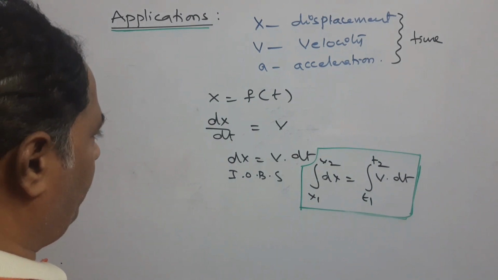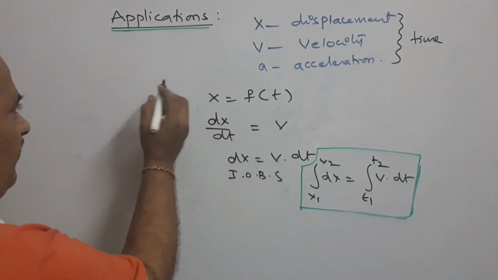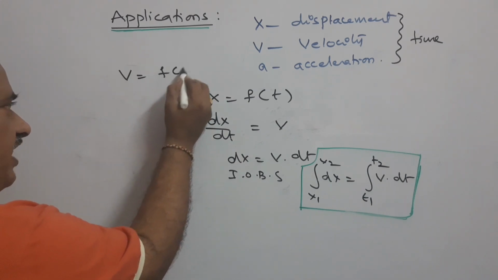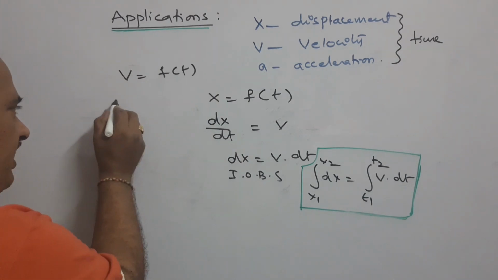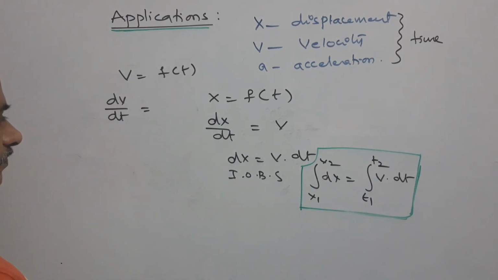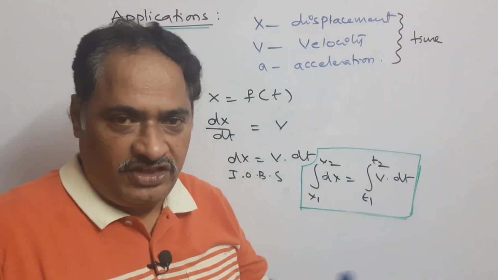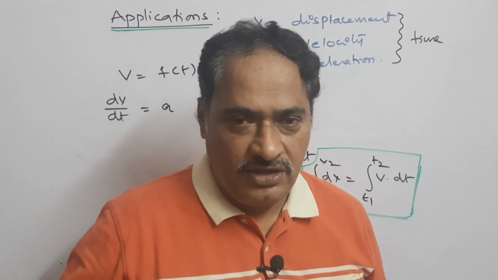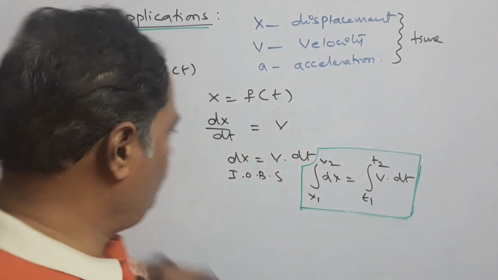Similarly, if I want to take velocity v, that is a function of time, if you are differentiating with respect to time, dv by dt, then you will get acceleration. Even in the case of the differentiation we discussed, that is nothing but instantaneous acceleration.